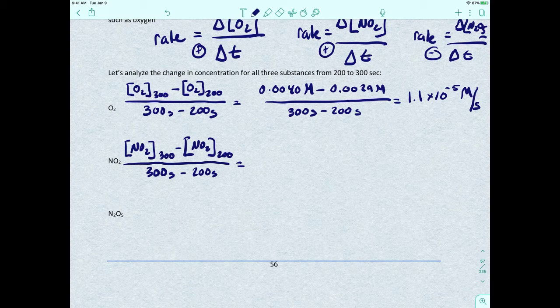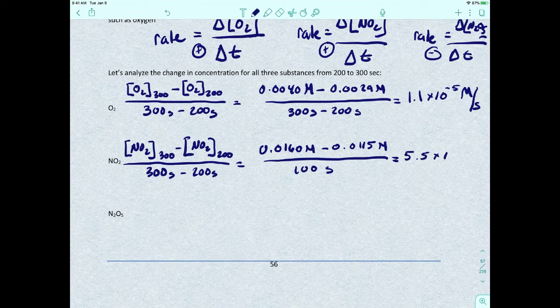Our values were, at 300 seconds, 0.0160 molar, and at 200 seconds, 0.0115 molar. And then 300 minus 200 seconds is going to be 100 seconds. So if you take 0.0160 molar minus 0.0115 molar divided by 100, that rate should be 5.5 times 10 to the minus fifth molar per second.